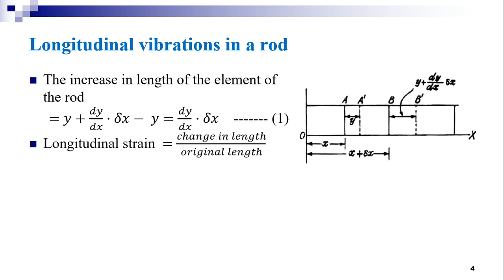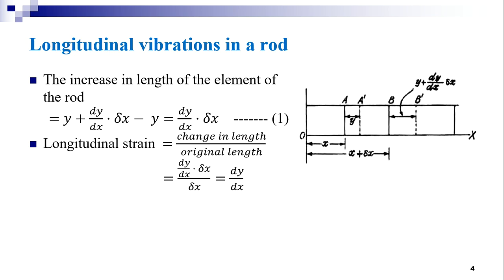Therefore, we can say that there is a longitudinal strain that took place due to the propagation of the sound wave in the rod. This longitudinal strain is the ratio of change in length to the original length, that can be given by dy by dx into delta x divided by delta x, that is equal to dy by dx.